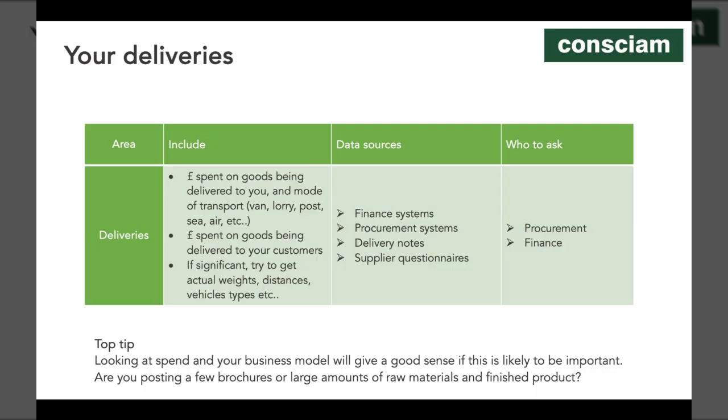So at the simplest level, you might know that you spent X hundred, X thousand, X tens of thousands of pounds on couriers, and you can put that information in, and different footprint tools will have different things you can apply that to, whether that's, say, Royal Mail or DHL, or simply that it was by lorries, or it might be an average.